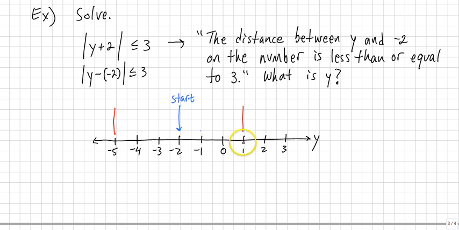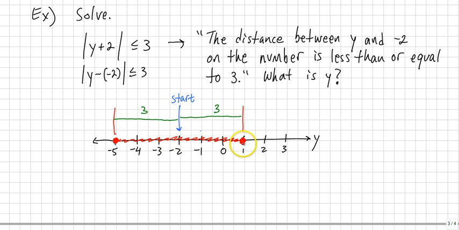Less than that would be things that are closer to -2. So this distance right here is 3, and this distance right here is 3.